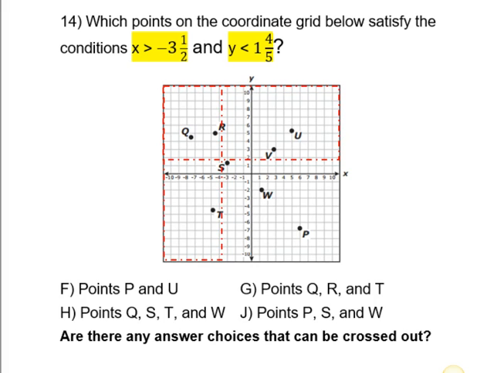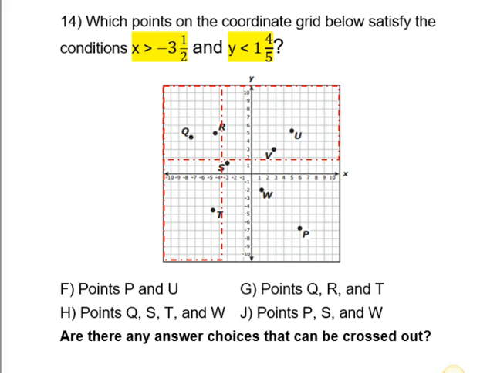So in looking at all of the points that are within that area, be mindful of the S: even though the S has the red line on it, the dot does not.